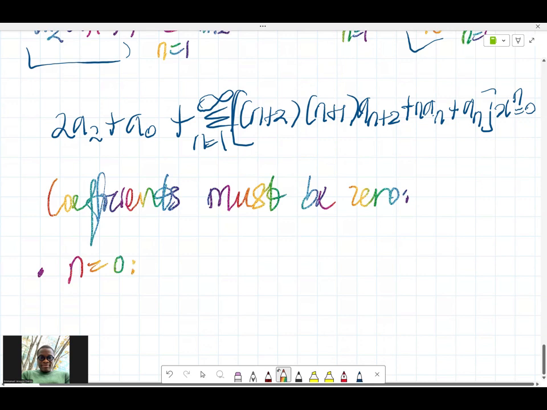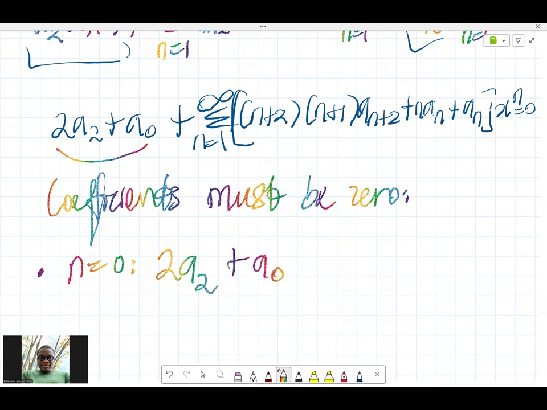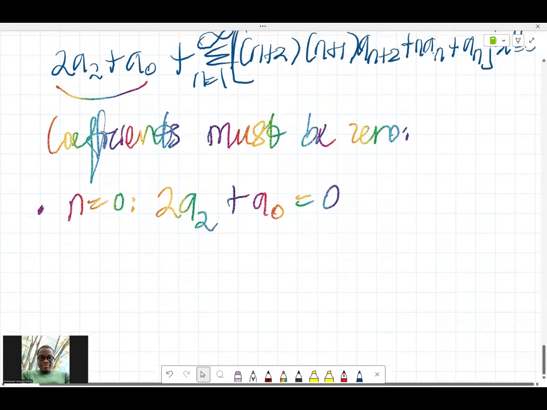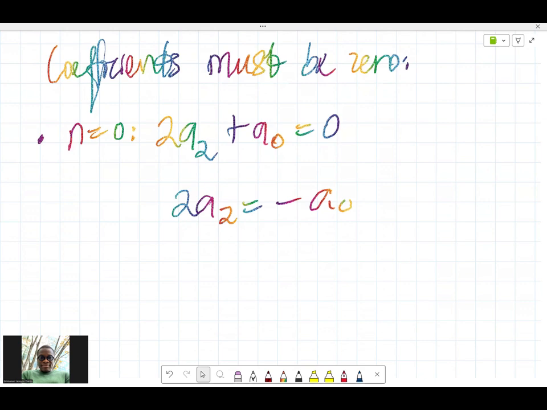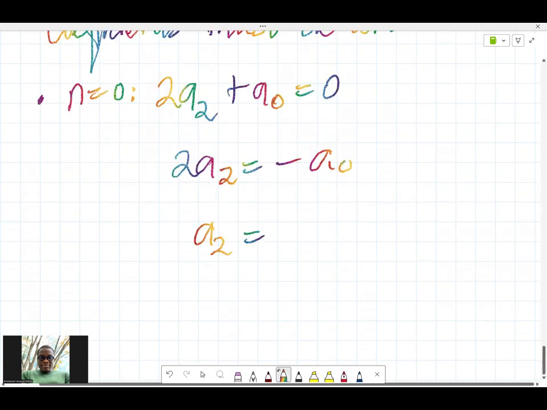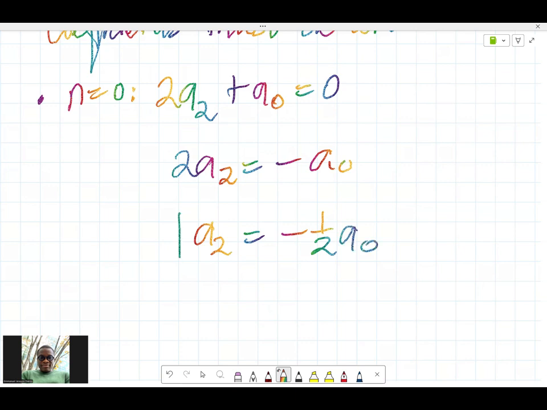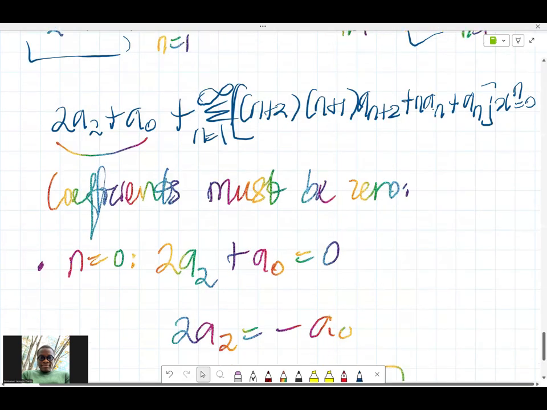For n equals 0, this is all we have: 2a2 plus a naught is equal to 0. So 2a2 is equal to minus a naught. If you divide through by 2, a2 is equal to minus half a naught. This is our a2, based on what that expression gives, for n equals 0.